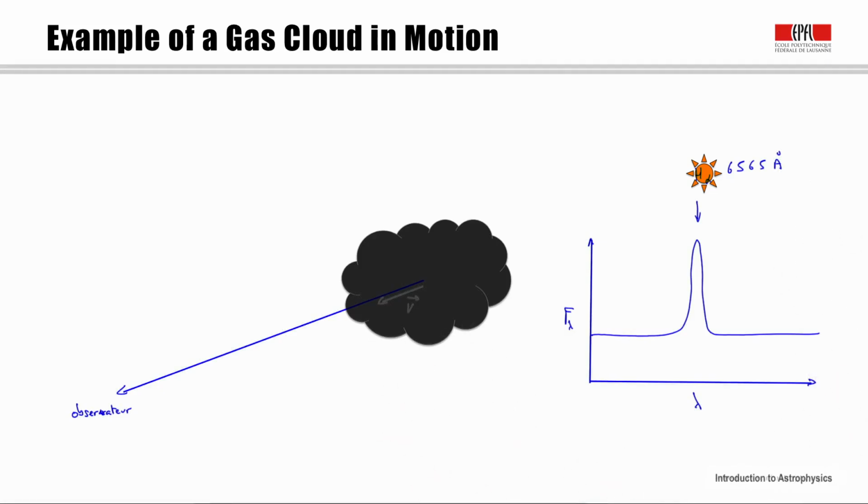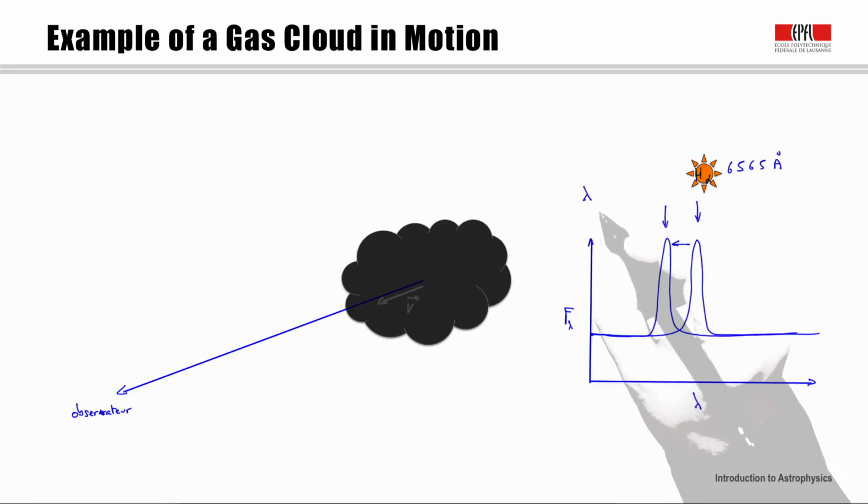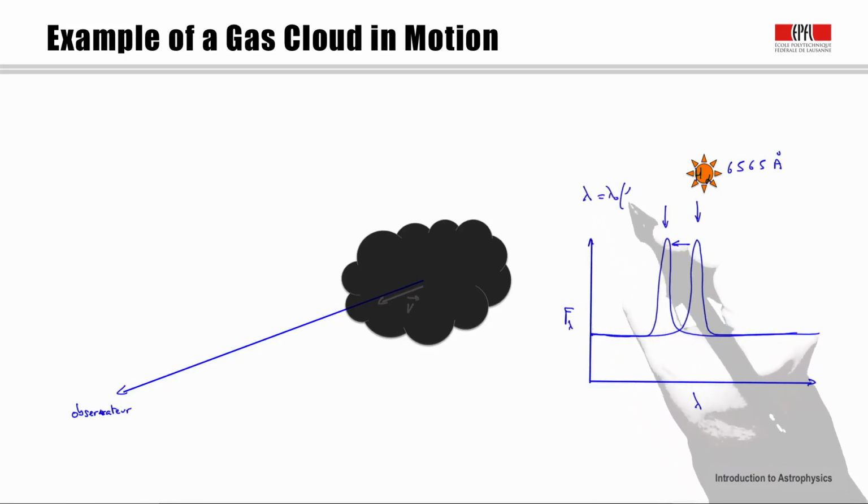In this case, we have a blue shift. So the line shifted towards the blue will be seen here. And in this case, the wavelength of the line will be lambda equals lambda 0 times 1 minus v divided by c.